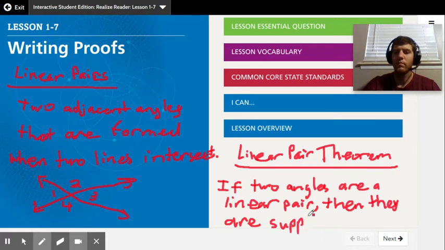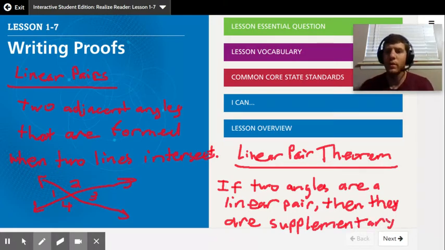So if you have two angles that are a linear pair, they're going to be supplementary.